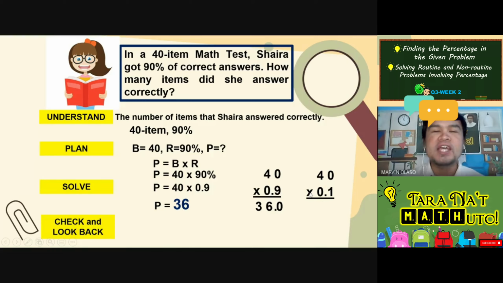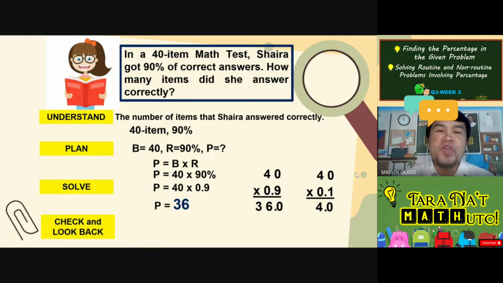So 40 times 0.1, we are just multiplying 40 times 1, which is 40. Then put the decimal point, one decimal place starting from the right going to the left. So we have 4.0, which is equal to 4. That means Shaira got 4 mistakes.